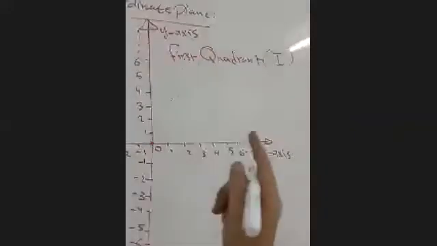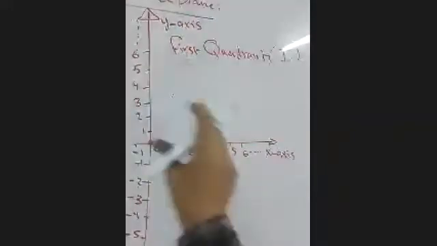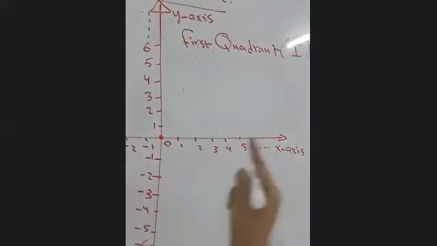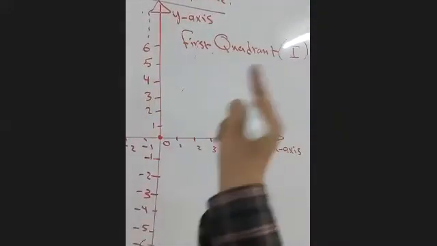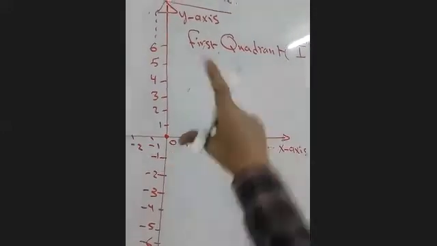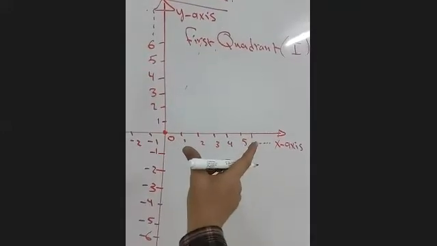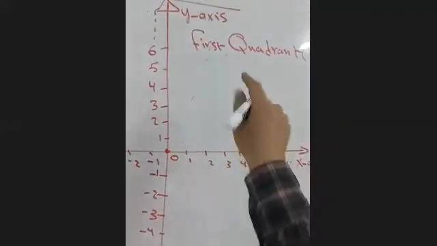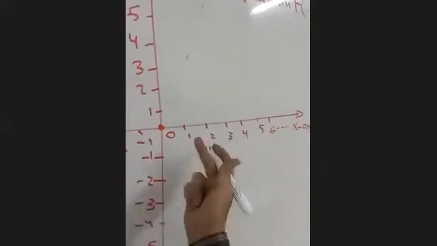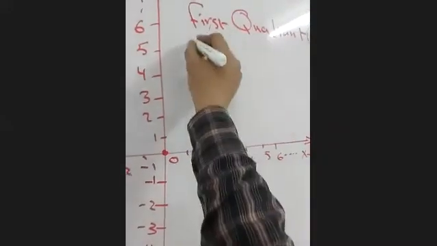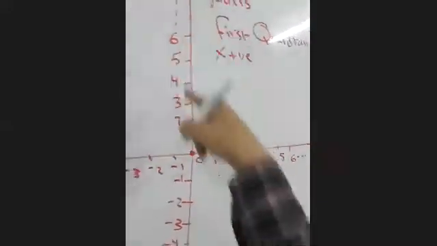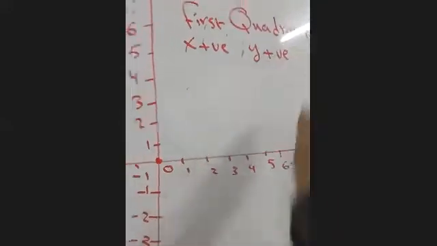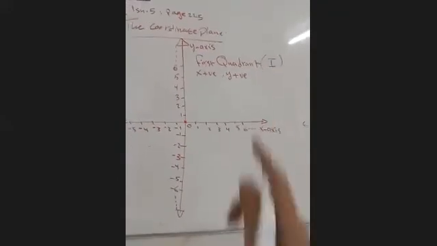Now, what are the borders of the first quadrant? Borders means hudud. The borders of the first quadrant are the x here and the y here. The x here is positive, and the y here is positive also. So in the first quadrant, x is positive, and y is also positive.